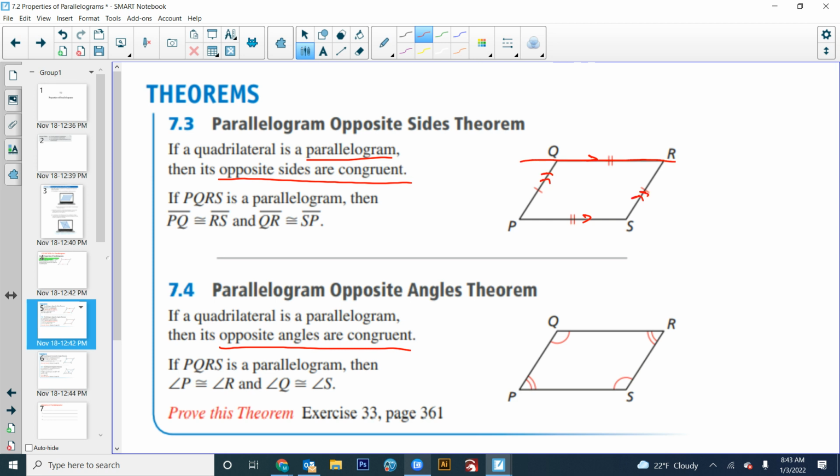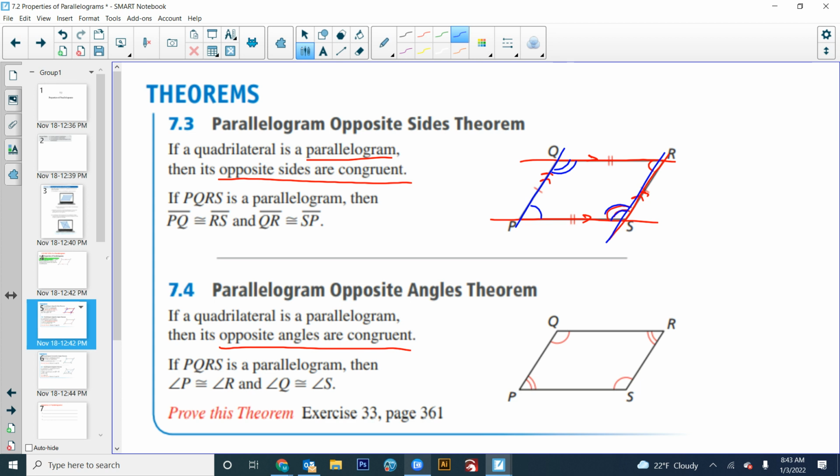If you have two parallel lines and a transversal, consecutive angles are supplementary, right? See these parallel lines? Consecutive angles are supplementary. See where I'm going with this?